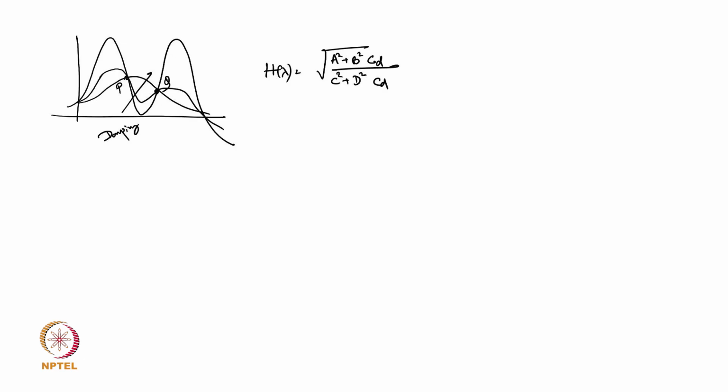That xi value is coming here. Now the important point is the CD dependency, CD meaning the coefficient of the damping of the absorber, because we cannot change the structure.